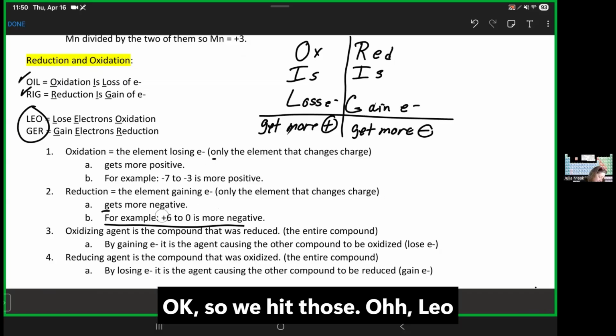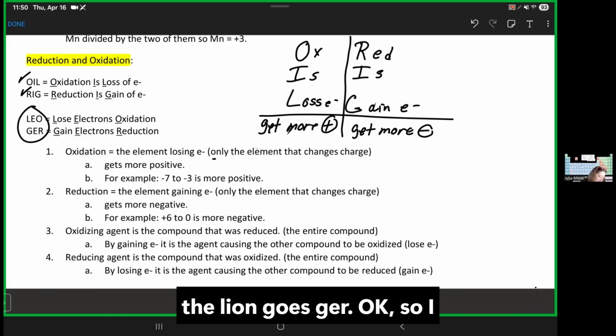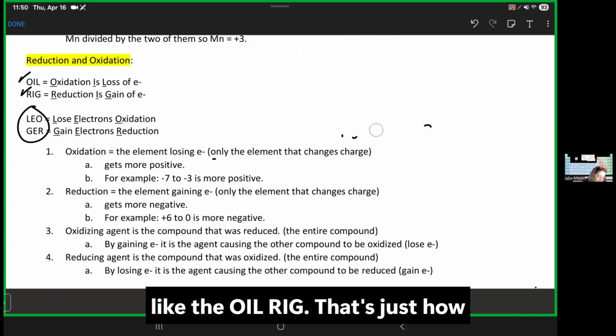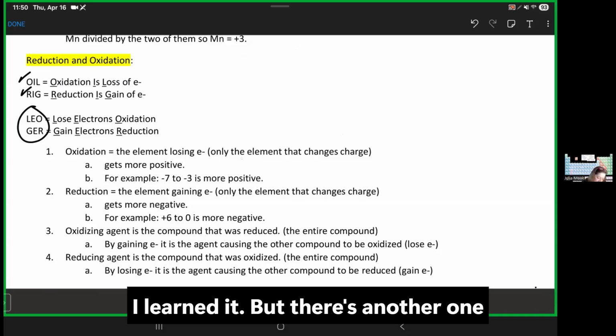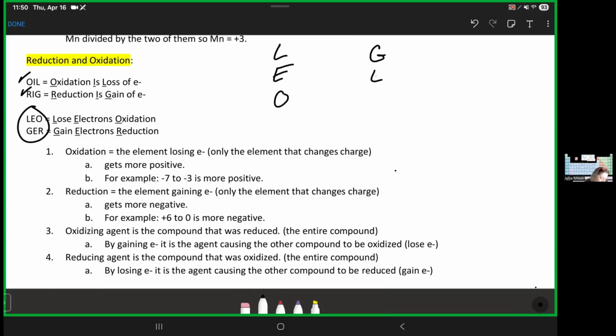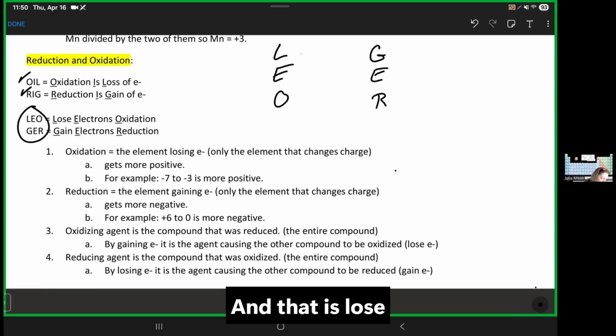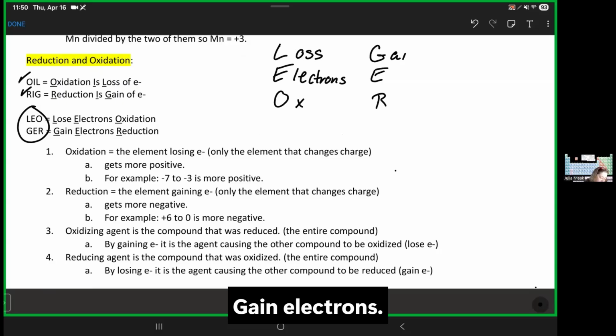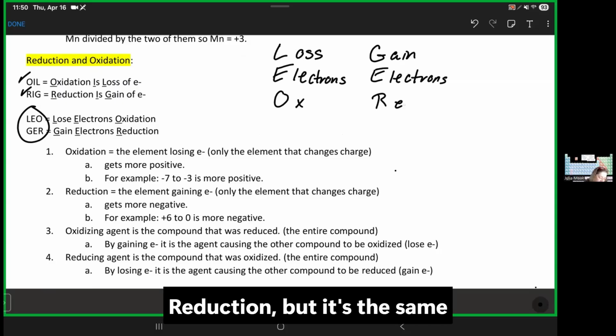Okay, so we hit those. Oh, Leo the lion goes grr. I like the OIL RIG. That's just how I learned it. But there's another one that is Leo the lion says grr. And that is lose electrons, oxidation, gain electrons, reduction.